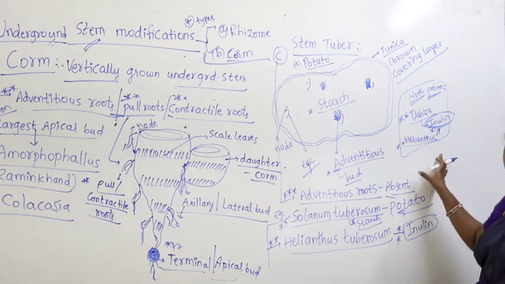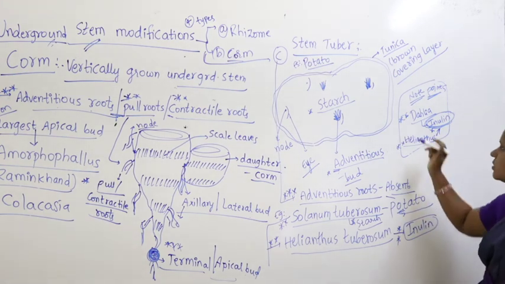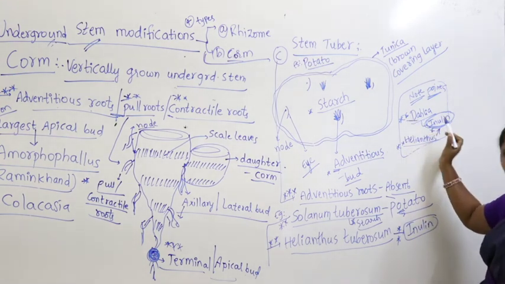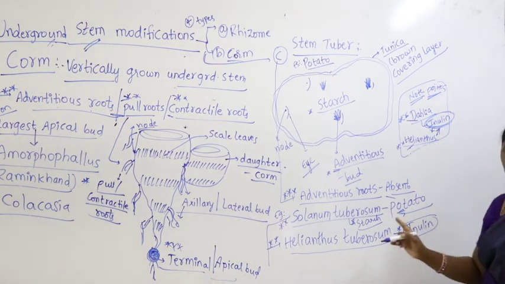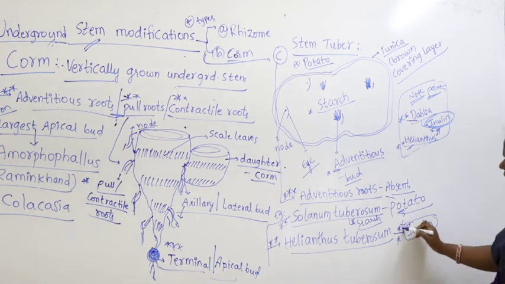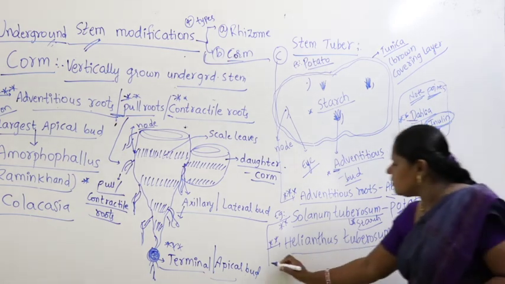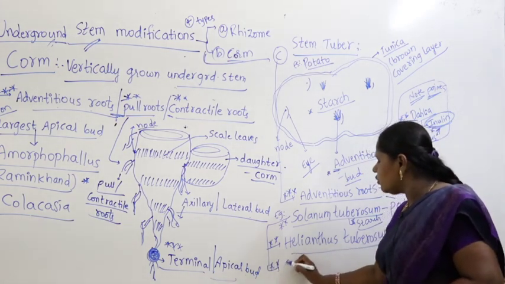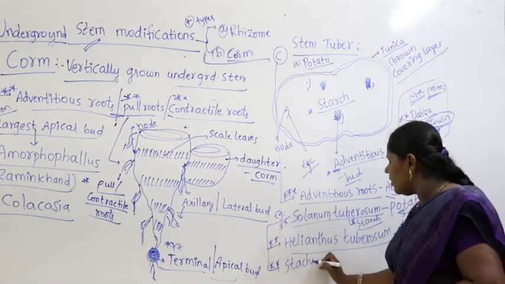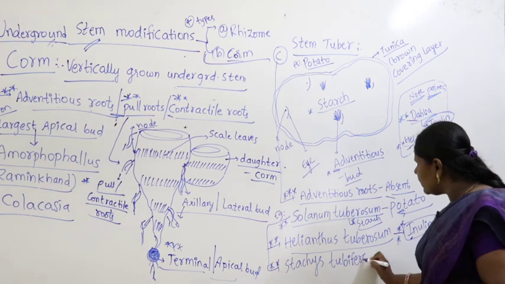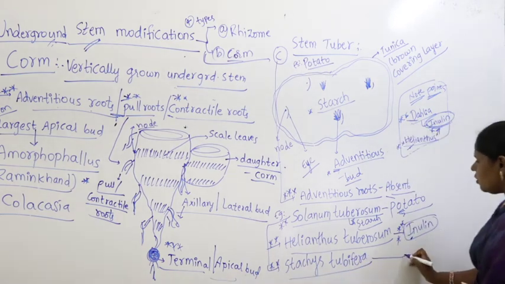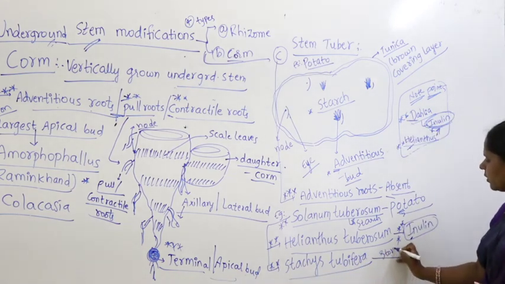See how nicely it is, very important. In roots you studied dahlia. Dahlia stores inulin. In Helianthus also we find inulin. So Helianthus tuberosum stores the food inulin. Similarly, Stachys tubifera. Better, on the arrow mark you can write.